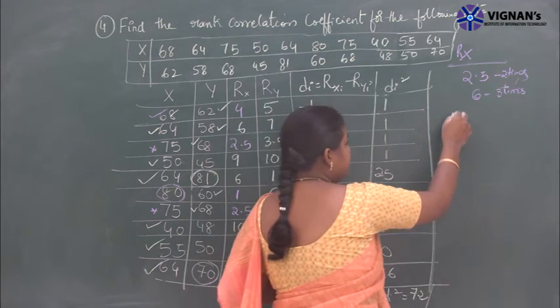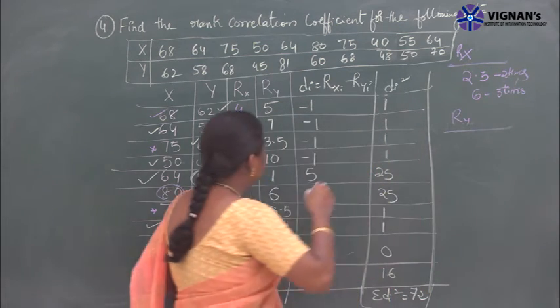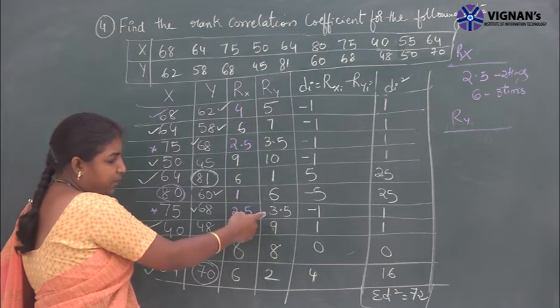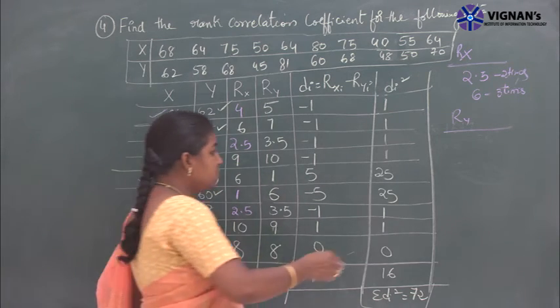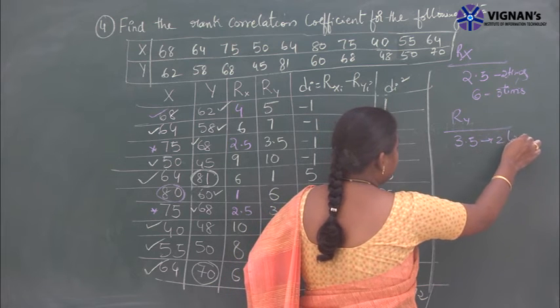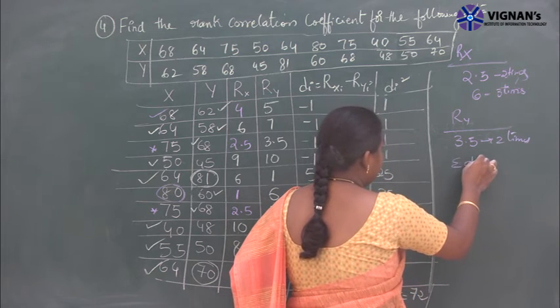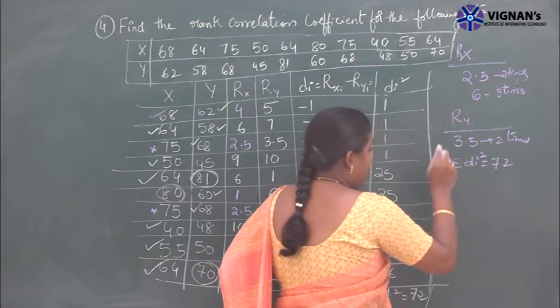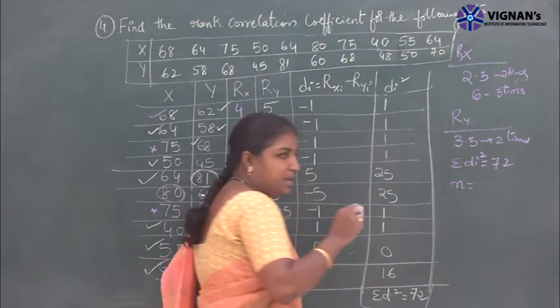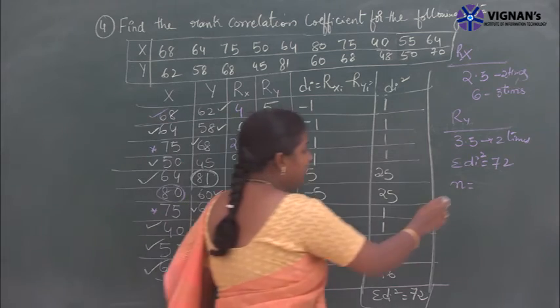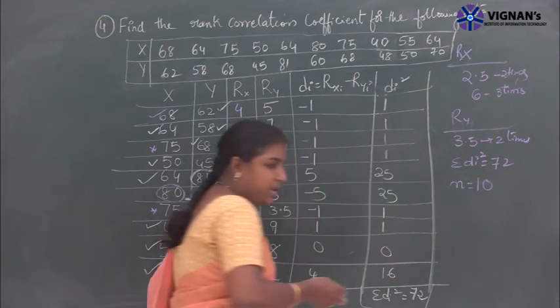In y values, Ry, only one rank is repeated, that is 3.5, repeated 2 times. Summation di square is equal to 72, and the number of observations n: there are 10 observations, so n can be taken as 10.